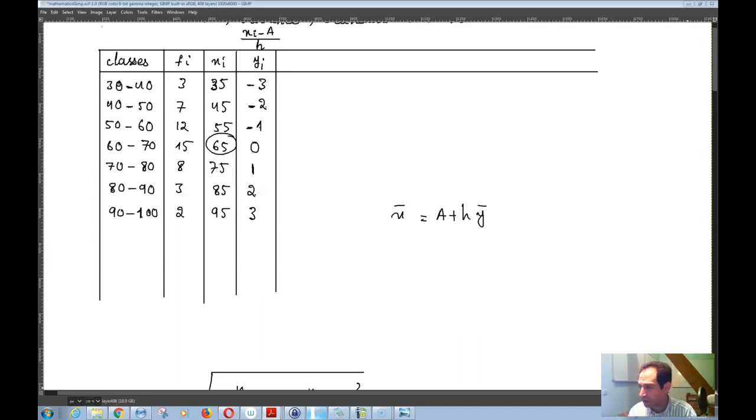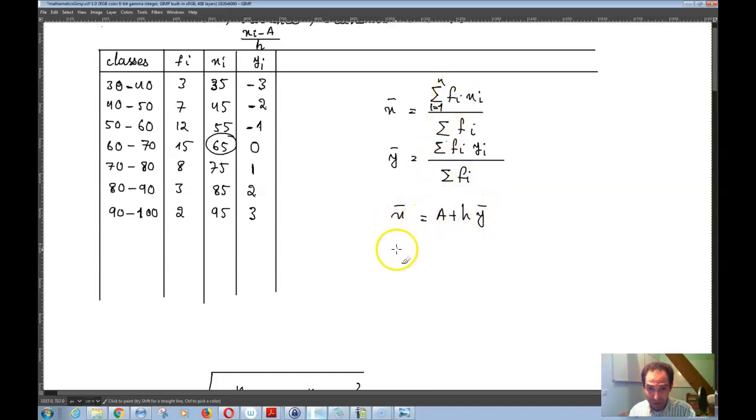Since you know that x bar is equal to sigma f of i times x of i divided by sigma f of i, as i goes from 1 to n, then based on this, y bar is going to be sigma f of i times y of i over sigma f of i.